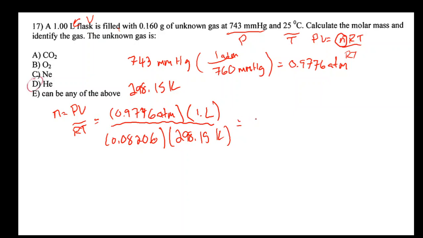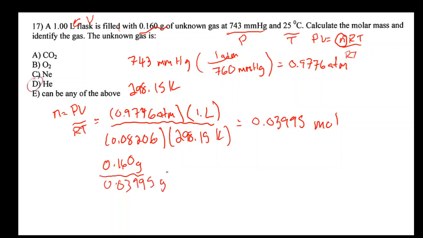And I get 0.03995 moles. So then if we want to go to grams, they gave us the amount of grams up here. So if we want to calculate grams per mole, we'll just take the number of grams we were given, 1.60 grams, divided by the number of moles. 1.6 divided by 0.03996.